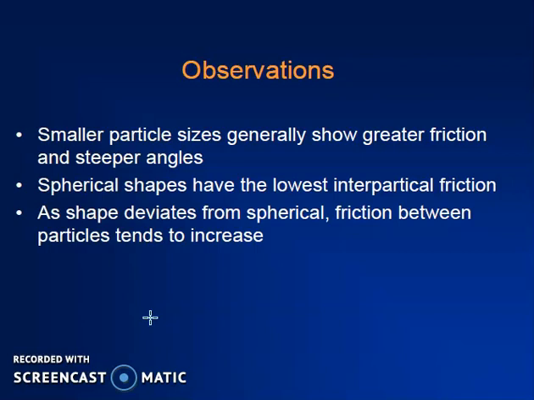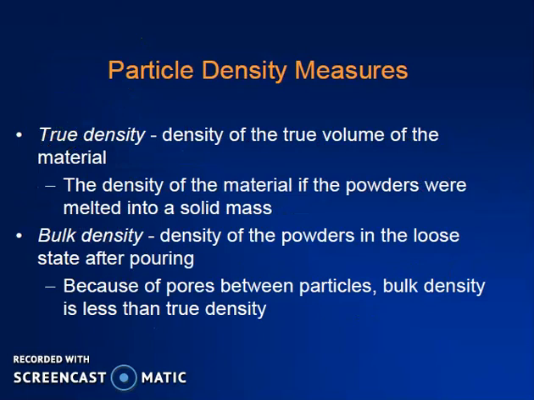As the shape deviates from spherical, friction between the particles tends to increase. So when the shape changes from spherical to any other shape, the friction between the particles tends to increase, and it is obvious.